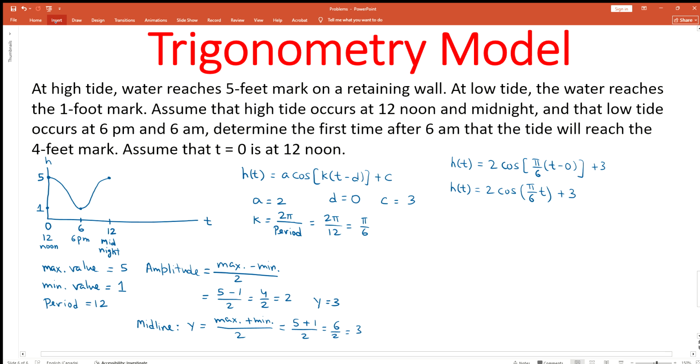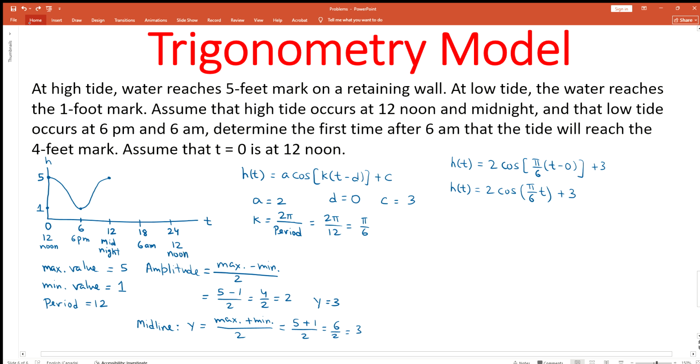Time 6 a.m. is 6 hours ahead of 12 midnight. So that means 6 a.m. is 18 hours away from 12 noon. And after another 6 hours, which is 24 hours from the starting time, it will be 12 noon again.